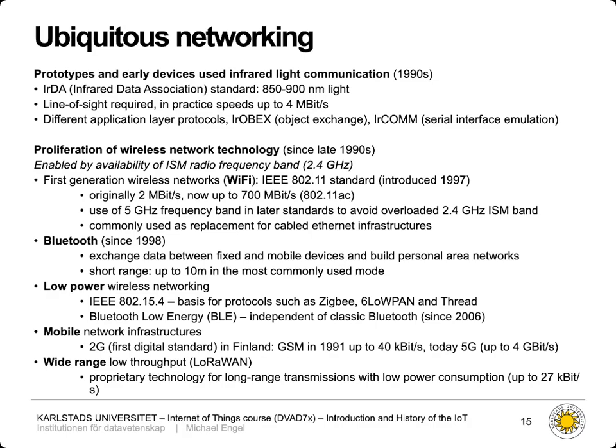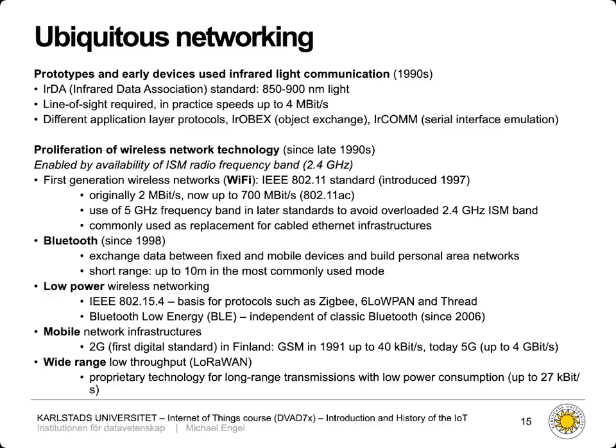So this is a band available for industrial, scientific, and I think the M stands for military applications actually, but I have to check. So this is a frequency band around 2.4 gigahertz, and that's what not only Wi-Fi, so wireless networks, used with the IEEE 802.11 standard, which was introduced in 97, but also different technologies like, for example, Bluetooth.